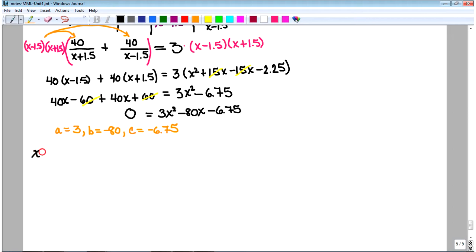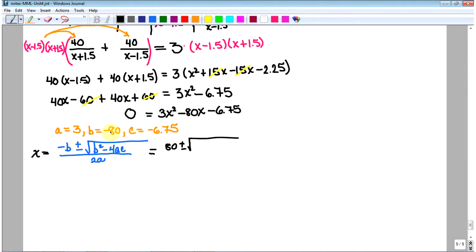And I'm going to use the quadratic formula to solve this equation. The quadratic formula says we take the opposite of b plus or minus the square root of b squared minus 4 times a times c, all divided by 2 times a. So the opposite of b will be a positive 80 plus or minus the square root.